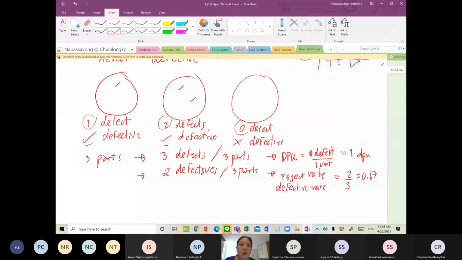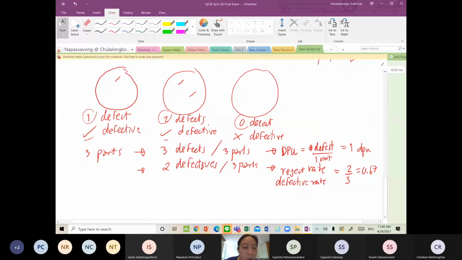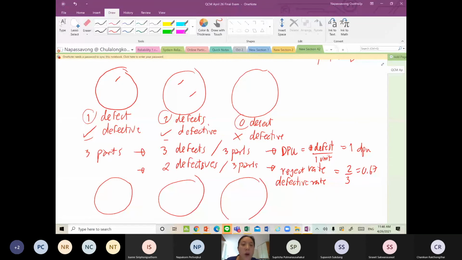But if we take a look at the number of defects, that means you want to look into details, how many defects happen in each part. For example, in the second situation, you have the same defective rate, 2 out of 3. But in this case, you have 2 here, and you have 1, 2, 3, 4.